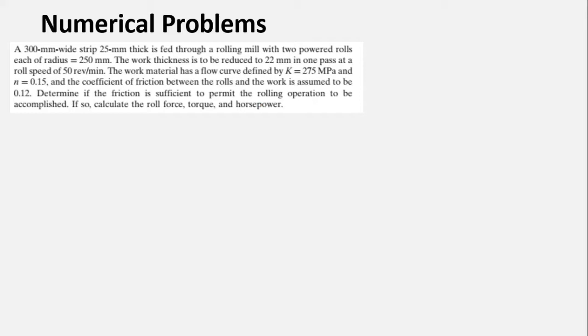First and foremost we will make the data, then we'll calculate the draft it is producing in a single step. So it says a strip that is 300 millimeter wide and 25 millimeter thick, right?